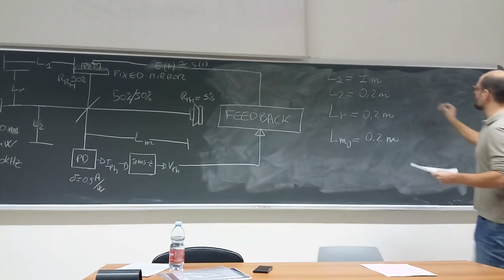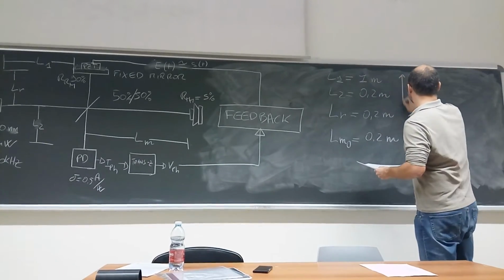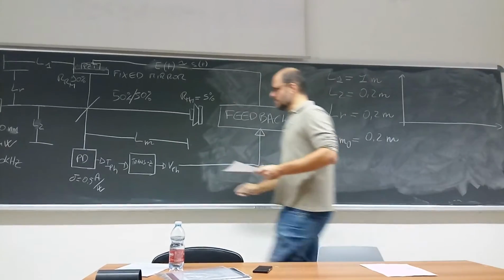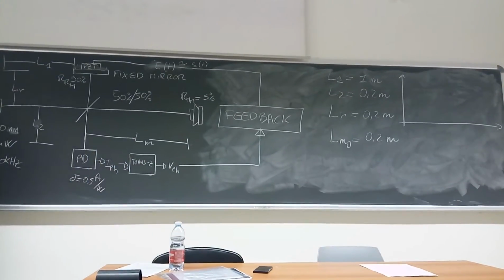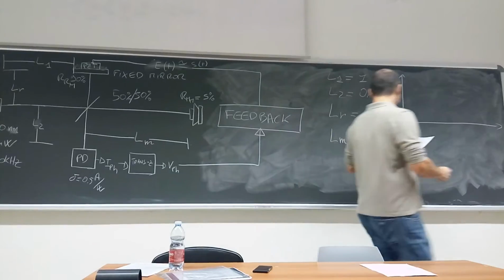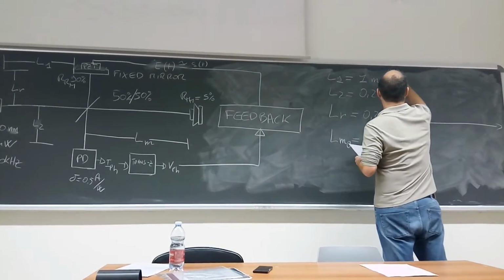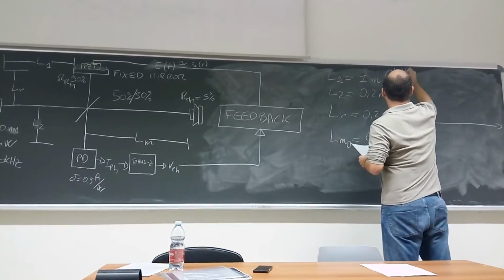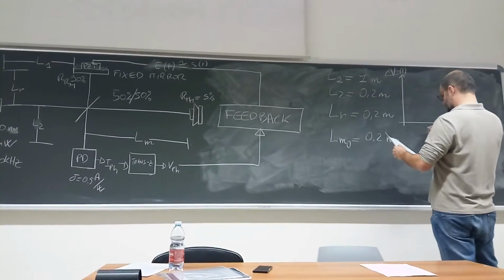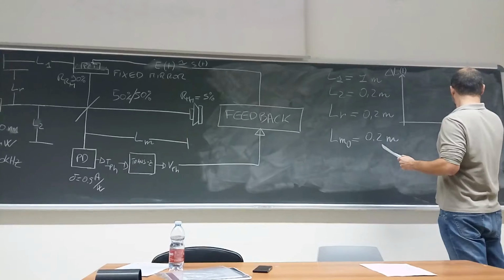And then what you have is a time varying component of the measuring arm. It is given by this relation. So you have a DL(t), okay? I have to find 10 time.